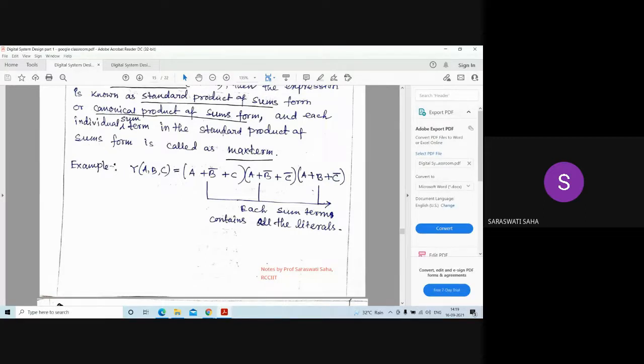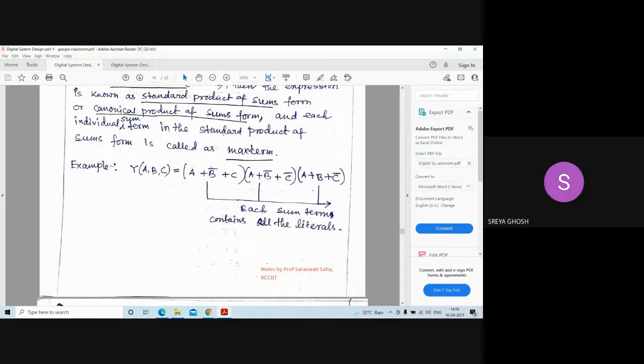So now just brief this concept. Sia, please explain this concept. Sia, please tell me the concept behind this representation, which is known as standard product of sum or standard sum of product.